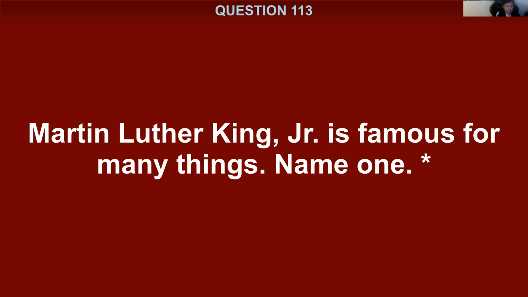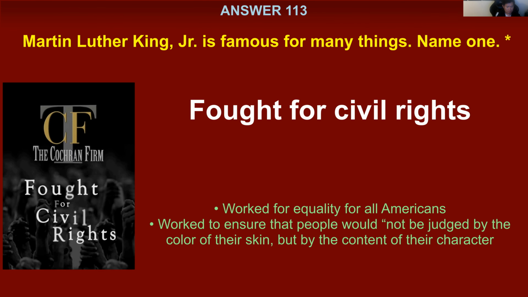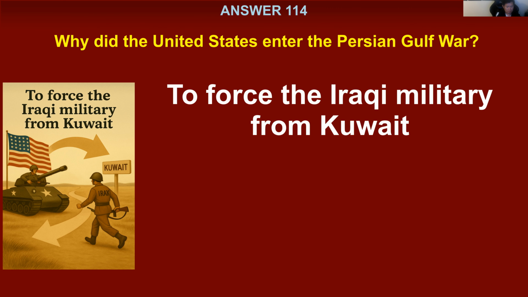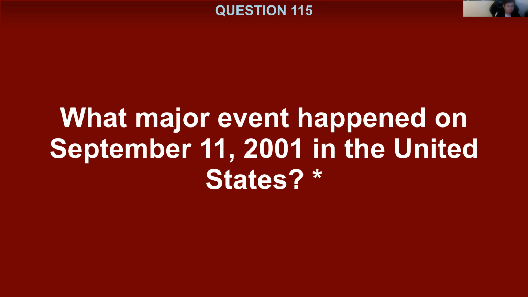Martin Luther King Jr. is famous for many things. Name one. Fought for civil rights. Why did the United States enter the Persian Gulf War? To force the Iraqi military from Kuwait. What major event happened on September 11, 2001 in the United States?